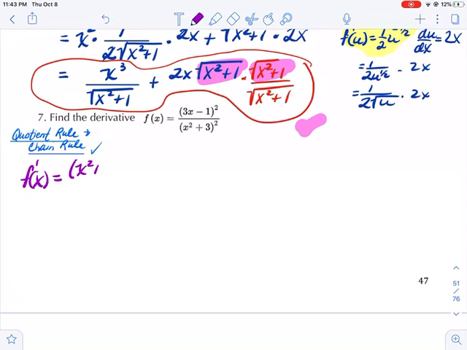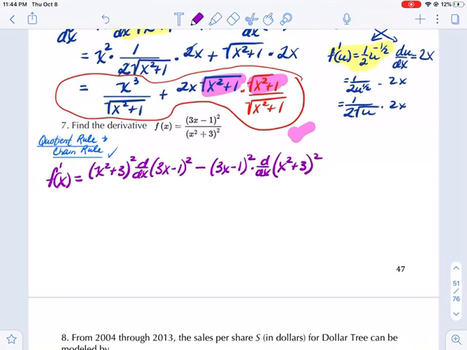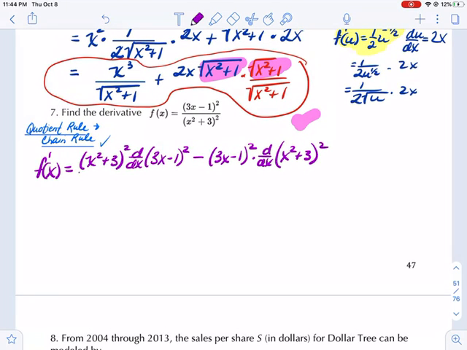So it's going to be (x squared plus 3) quantity squared, low, times the derivative with respect to x of the high, which is (3x minus 1) squared, low d high, less high, (3x minus 1) squared, times the derivative with respect to x of the low, which is (x squared plus 3) squared. Okay, so that's all over low squared. So it's going to be x squared plus 3, squared, squared. That's going to be to the 4th power.